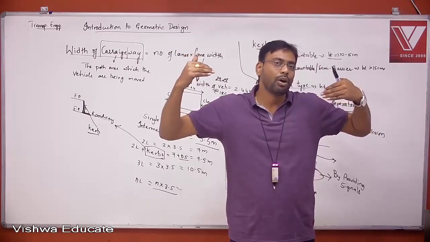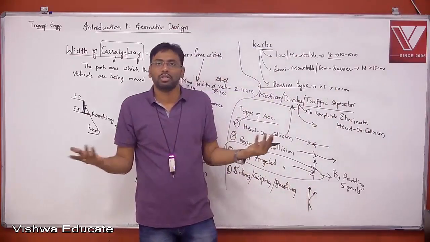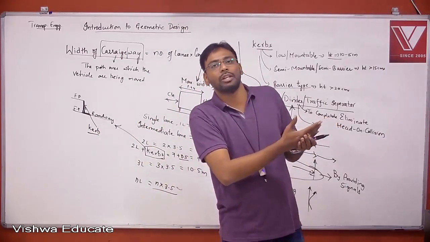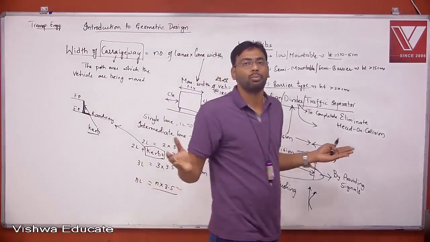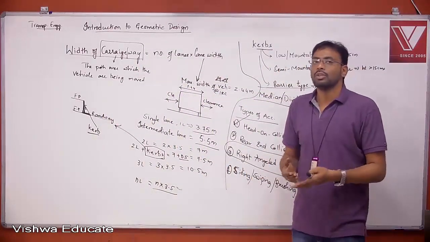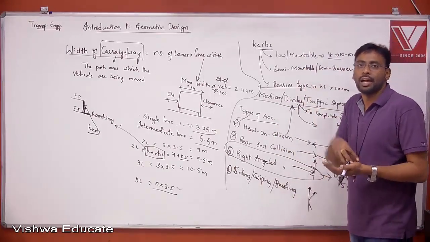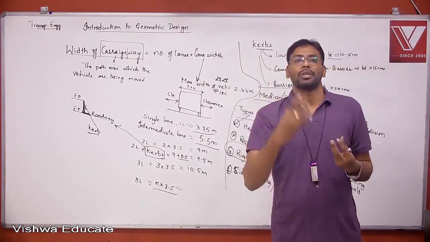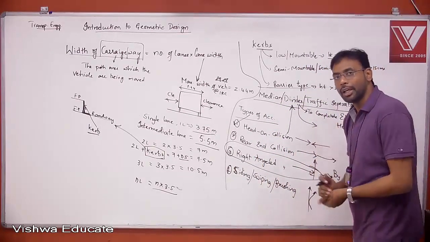But is it possible to provide a difference of 15 meters? You can't provide it, right? Our roads themselves are not more than 15 meters in most cases. So it is not possible to separate both the roads by 15 meters. So what we do is we plant trees in the median so that the trees will obstruct the light rays. So your glare effect will be decreased.